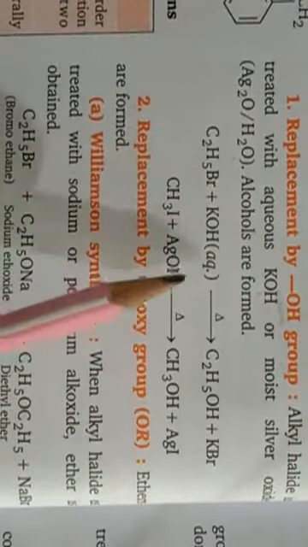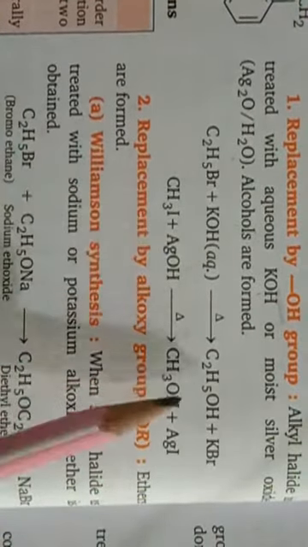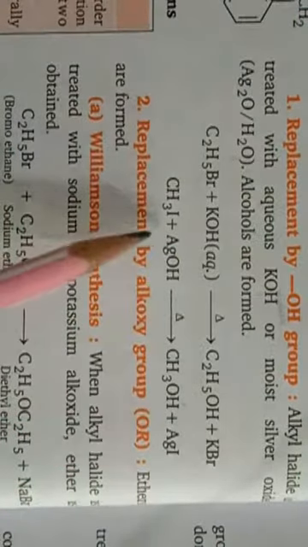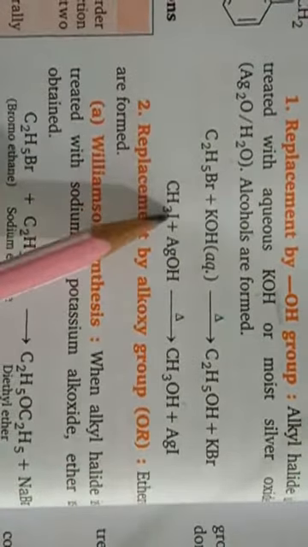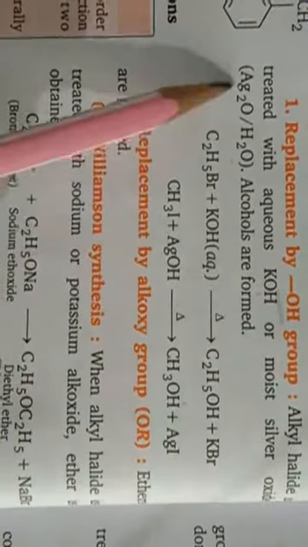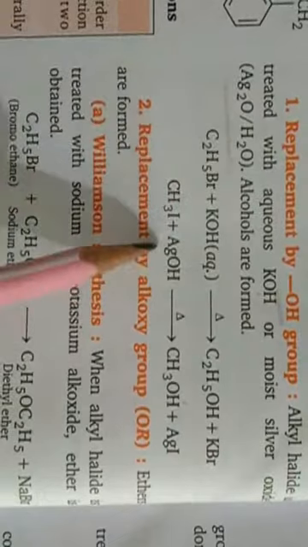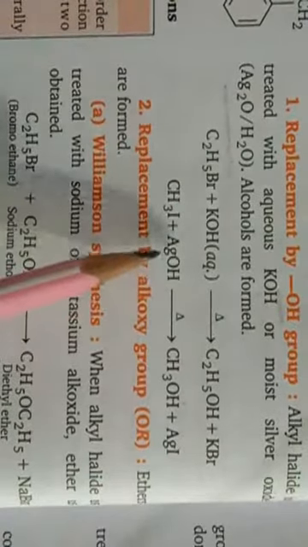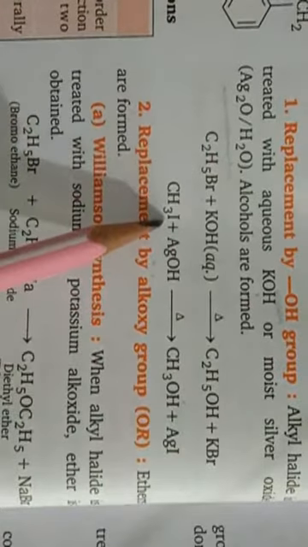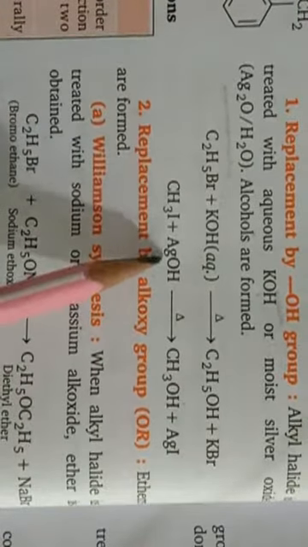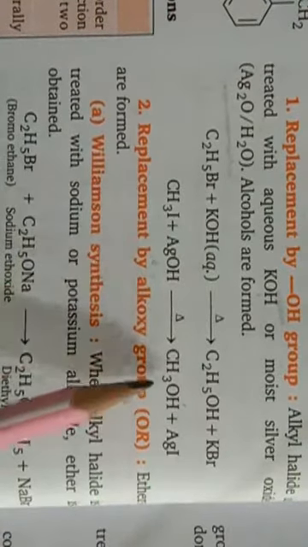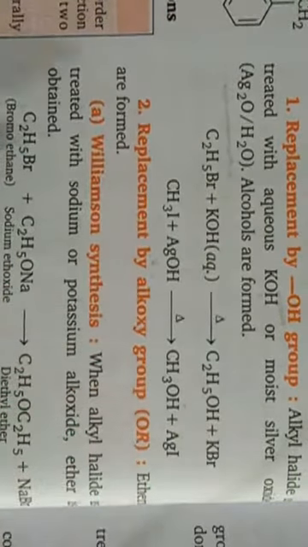Ethyl bromide is reacting with aqueous KOH forming ethanol. And in the same way, methyl iodide is reacting with moist silver oxide. Moist silver oxide will form silver hydroxide, and this silver hydroxide will react with alkyl halide. So methyl iodide with moist silver oxide will form methanol plus silver iodide.